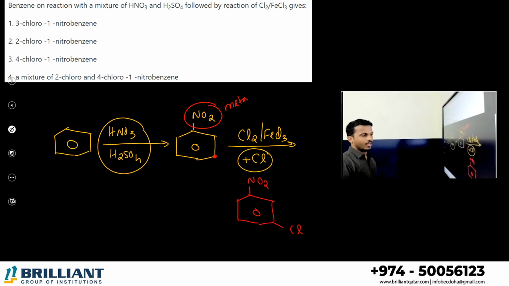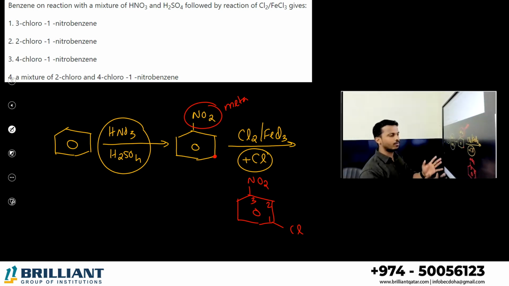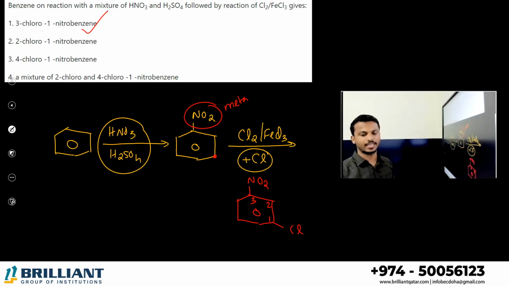This is 1, 2, 3: 1-chloro-3-nitrobenzene. It's not clearly mentioned here, so as per the position we can say 3-chloro-1-nitrobenzene. Actually it should be 1-chloro-3-nitrobenzene, but if you interchange it, the compound is the same. As per the given options, option A is the answer.